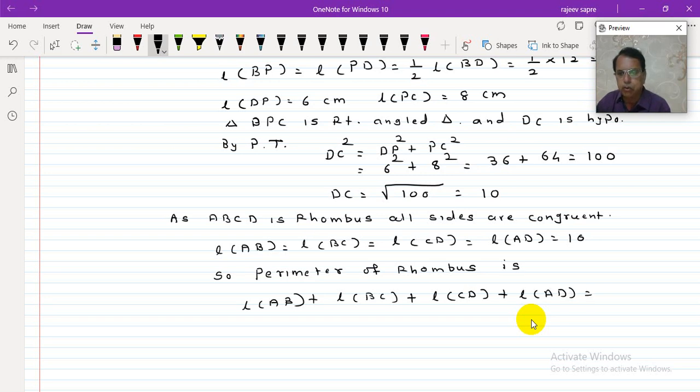So it is 4 into 10 because all of them are equal length, congruent आहेत ना साइड्स, त्यामुळे 40 सेंटीमीटर्स, हे इथे 10 सेंटीमीटर्स, DC is 10 सेंटीमीटर. So write the units also.